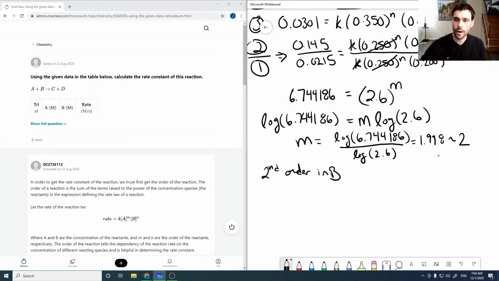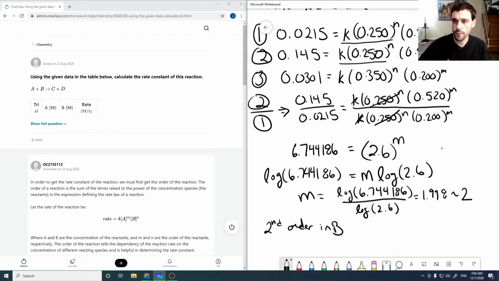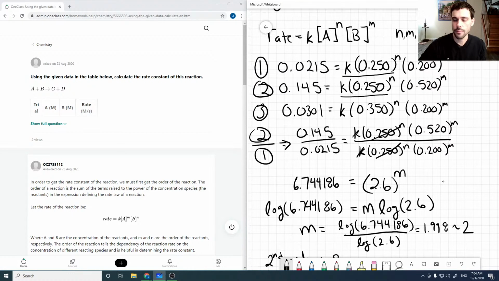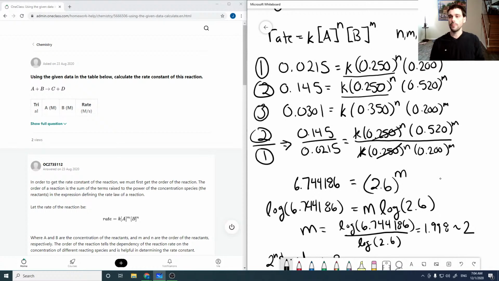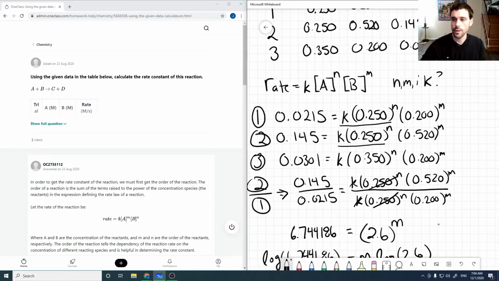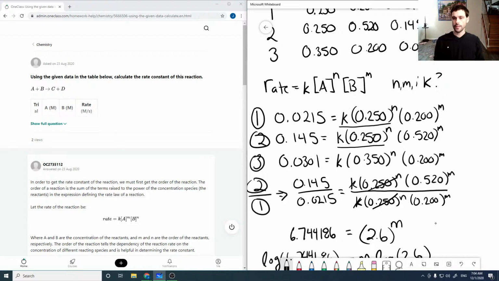Okay, so now to solve for N, we would play the same game. We would look for two of these equations where we can remove everything except the n's. If we look at our 1 and our 3, we have this factor in both of them, and so it looks like if we take 3 and divide by 1, then we will get our n on its own.